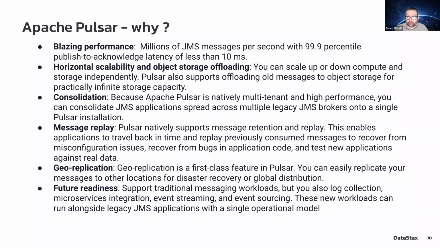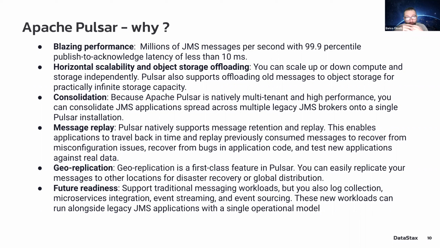You can also configure retention, so you can keep your data for a given amount of time or forever. So for instance, you can replay your data with a new version of the application while developing, or if you have a bug and you want to fix and rebuild everything. It supports geo-replication, like I said before.